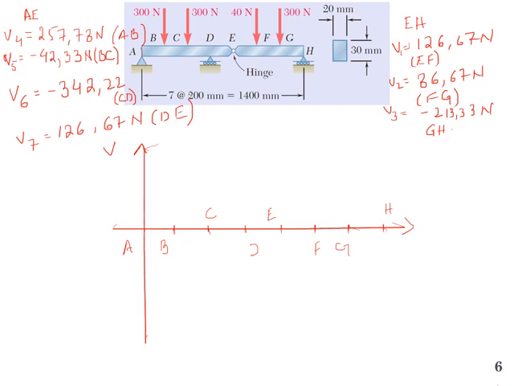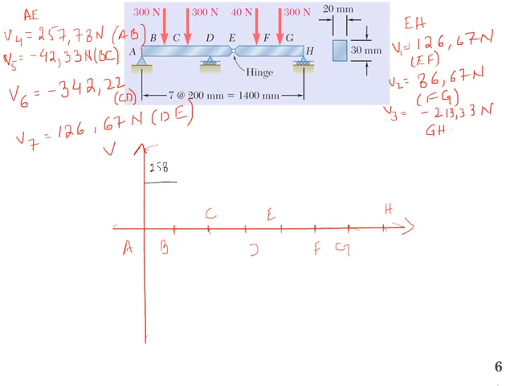From A to B, the shear force is 257, so let me write 258.